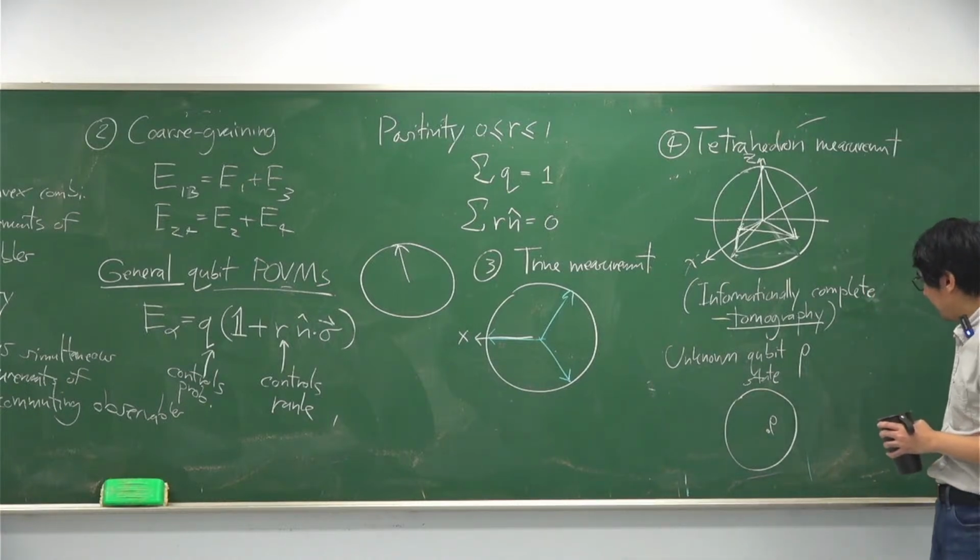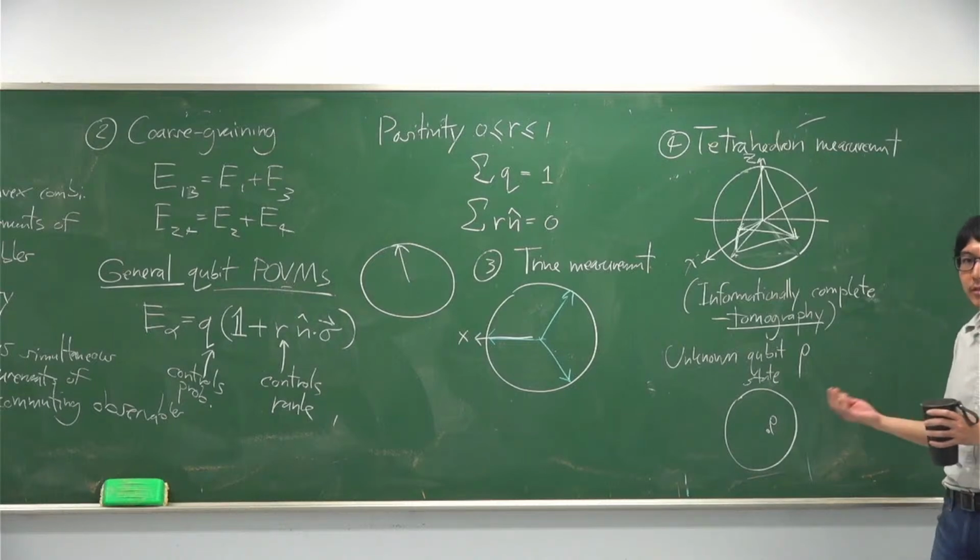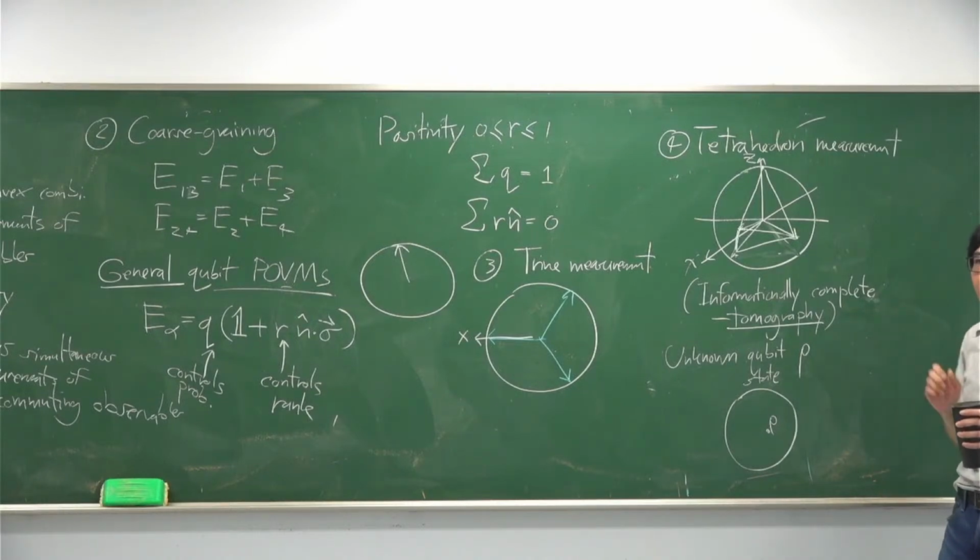So if I can only make projective measurements, or spin observables in some directions, how many directions do you think at minimum we need to determine this?